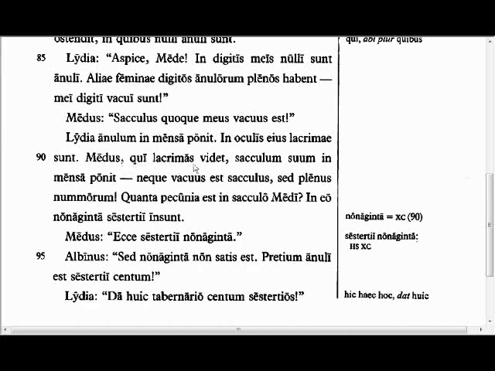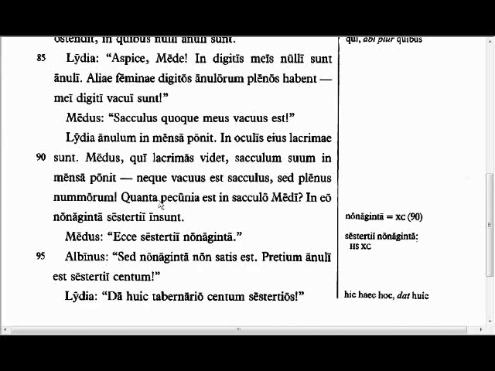Medus, who sees the tears, places his money sack on the table, and the money sack is not empty. Neque is the same as saying et non, and not. And the money sack is not empty, but full of coins, plenus numorum.